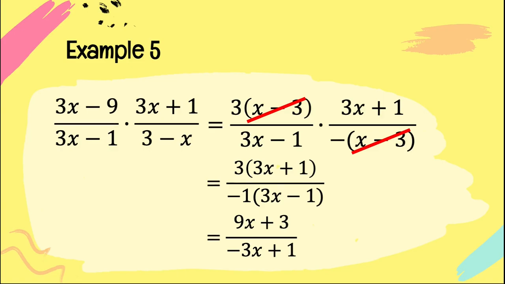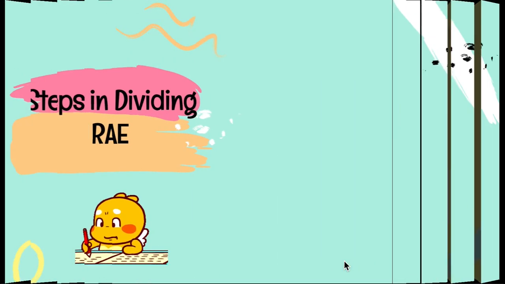So that will be now 3 times 3x will have 9x, and then 3 times 1 will have 3, over negative 1 times 3x, that is negative 3x, and then negative 1 times negative 1 will have positive 1. So this will be our final answer.